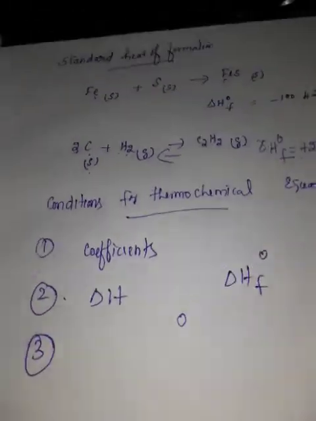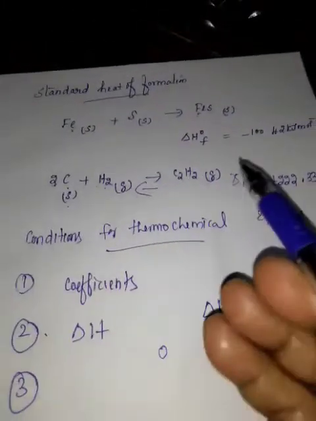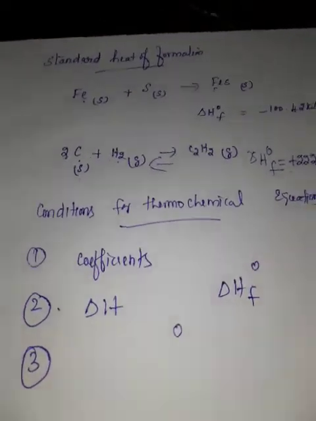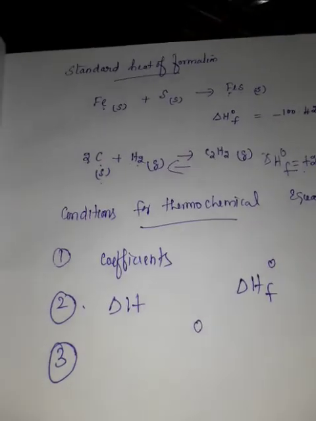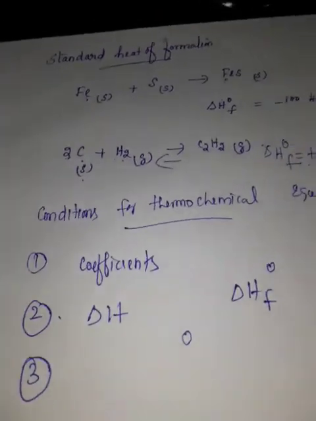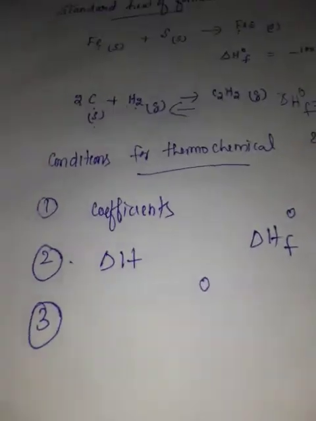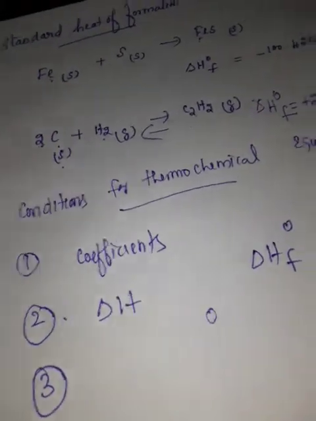So when the reaction is reversed, the sign is also reversed but with the same magnitude. The magnitude will not change, only the sign will change. This is the third one.